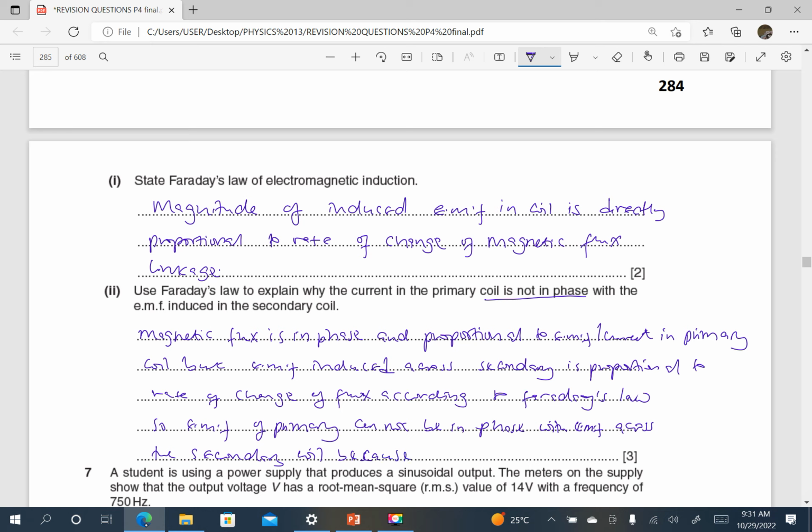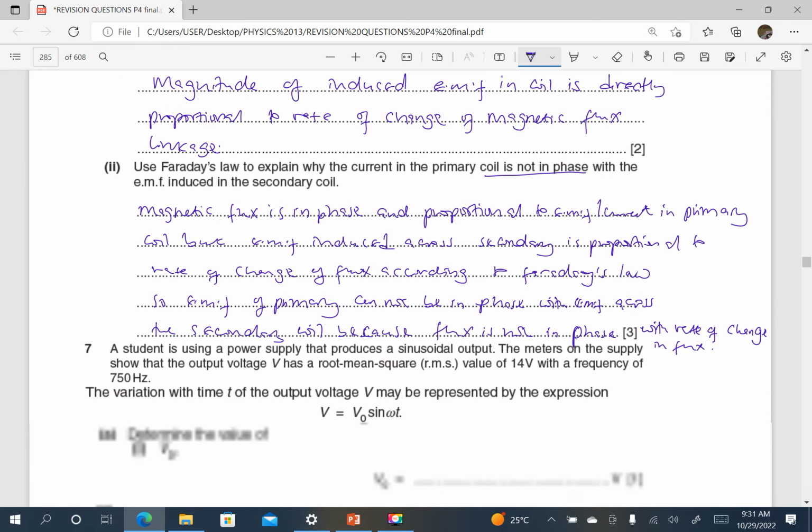I can add because magnetic flux is not in phase with the rate of change of magnetic flux linkage.